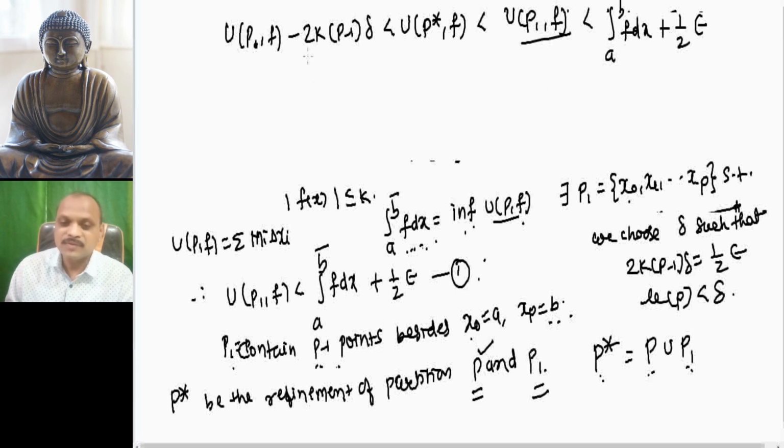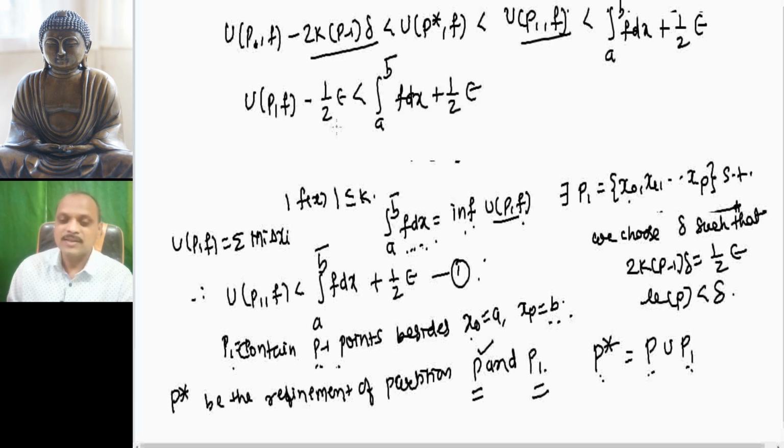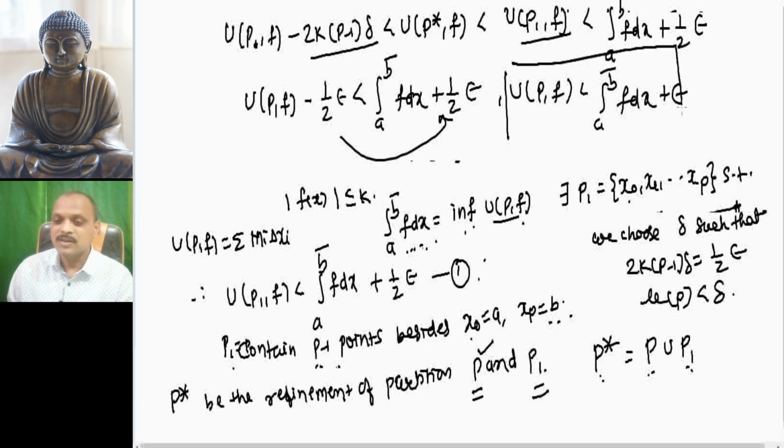Now let us put this value here. We have UPf minus 1 by 2 epsilon is less than the upper integral plus 1 by 2 epsilon. Transfer this term to this side, we get UPf is less than the upper integral plus epsilon, and hence the result is proved. This upper sum is less than the upper integral plus epsilon, and this is for any partition P with norm mu of P less than delta.